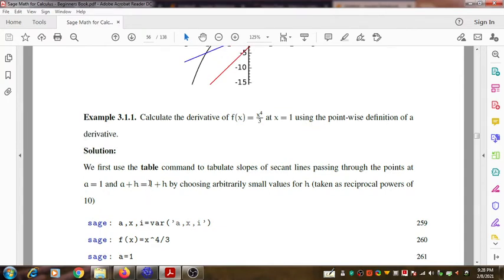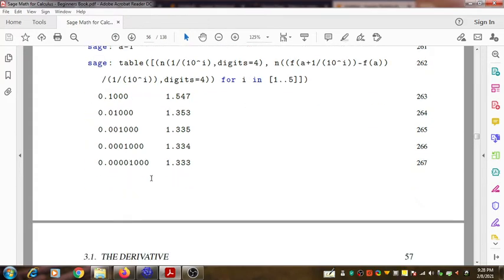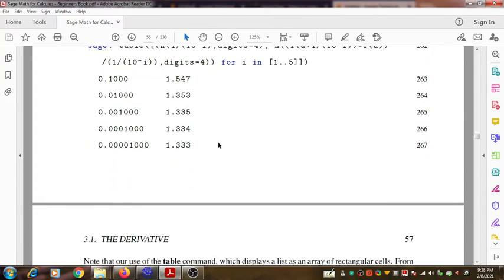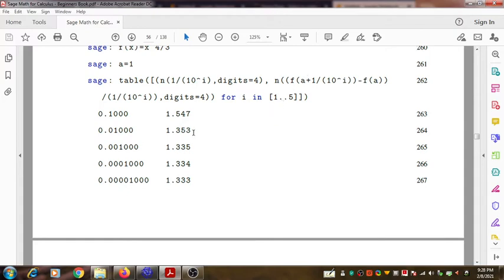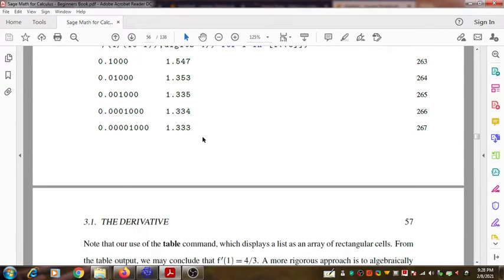From your mathematical classes, you have learned that the derivative is 4 times x cubed divided by 3, and at the point x equal to 1, it gives you the value 4 by 3. So 4 by 3 is the value of the derivative at the specified point. Which point is specified? x equal to 1, or a equal to 1.